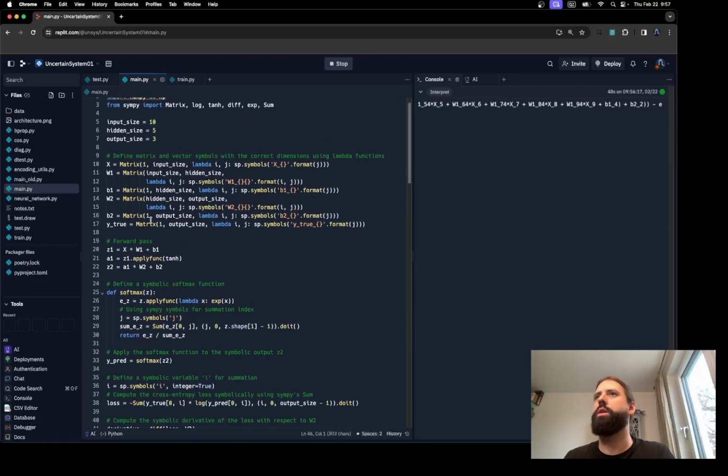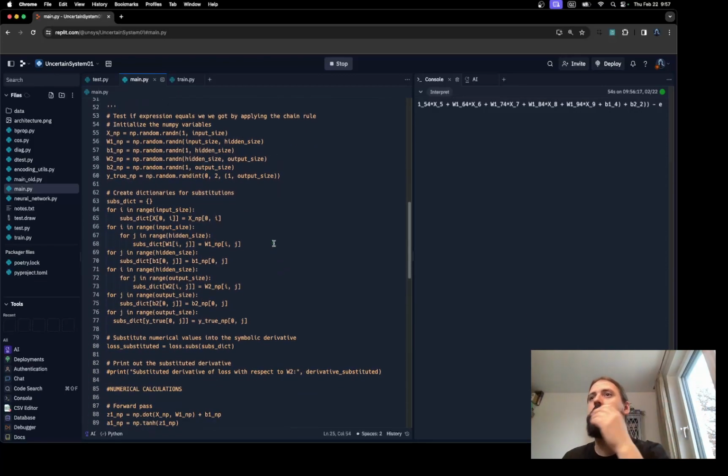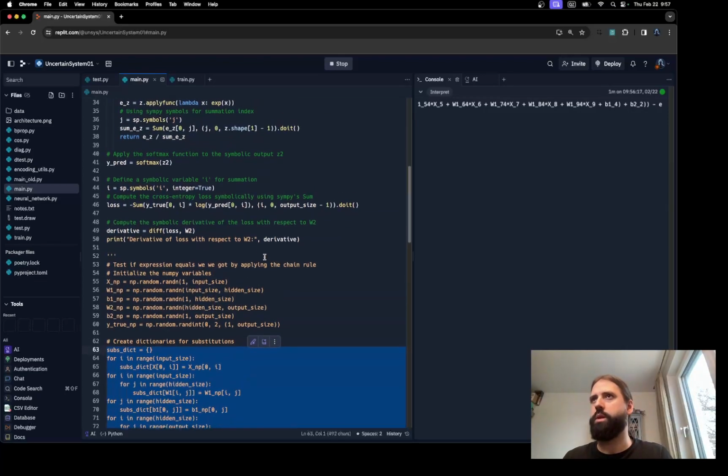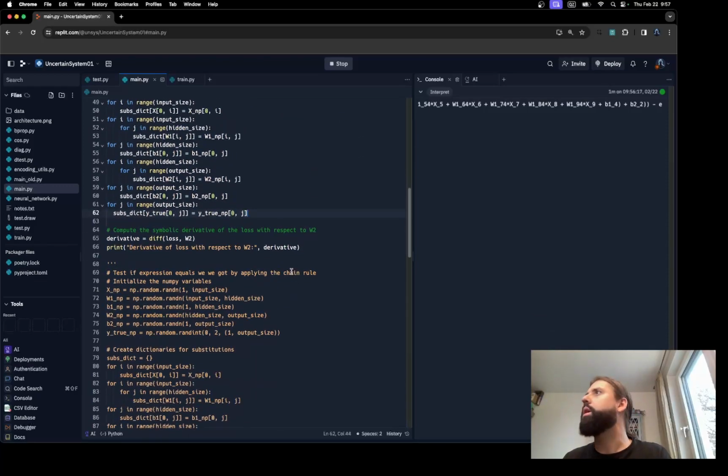So we do this here together. Okay, this is the NP stuff. I have to clean that code, it's terrible. And then I do a substitution here, before the derivative.